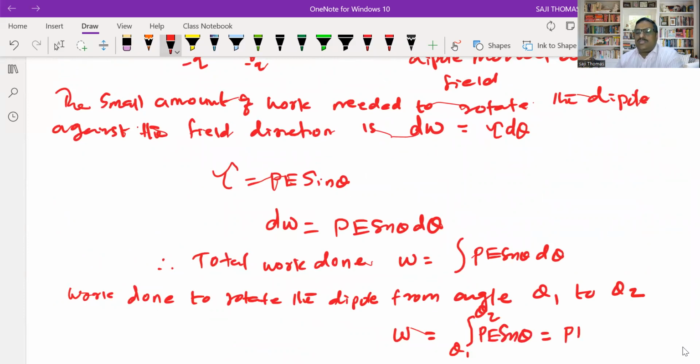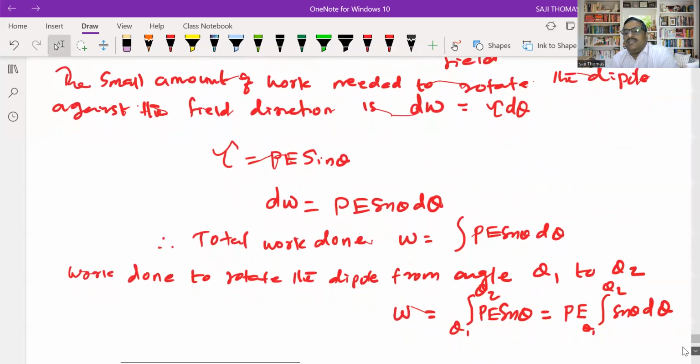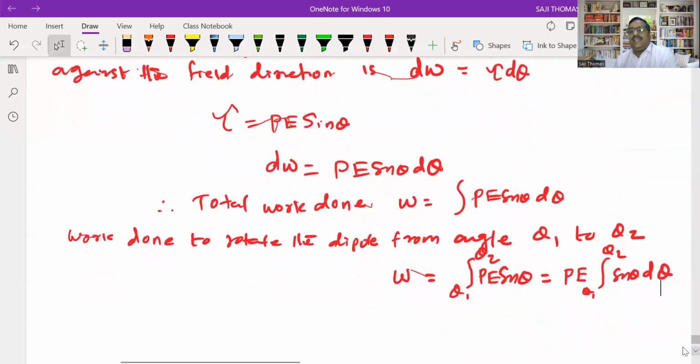P and E are constant for a given dipole. And you know the standard result, integral sine theta d theta is minus cos theta.